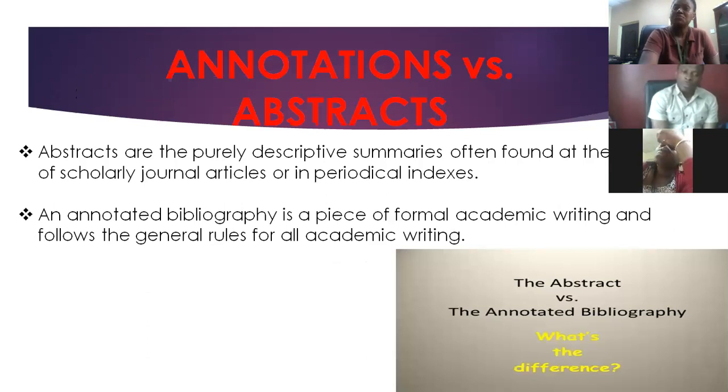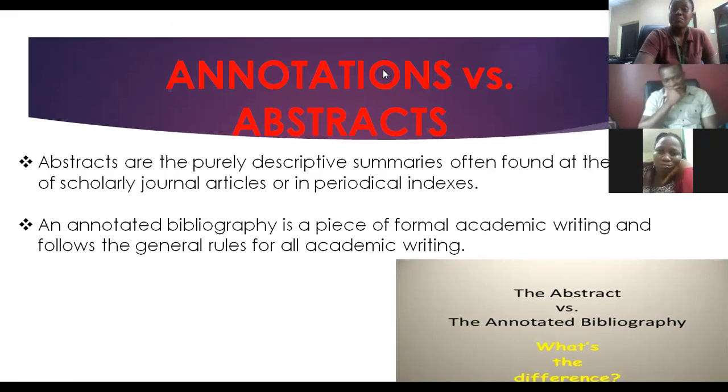Then, what's the difference between annotations and abstracts? Abstracts are purely descriptive summaries, often found at the beginning of a scholarly journal article, while an annotated bibliography is a piece of formal academic writing that follows the general rules for academic writing.